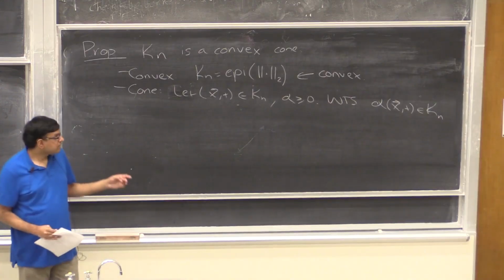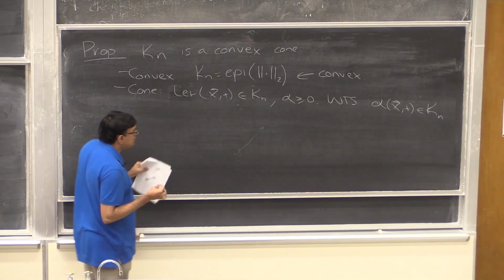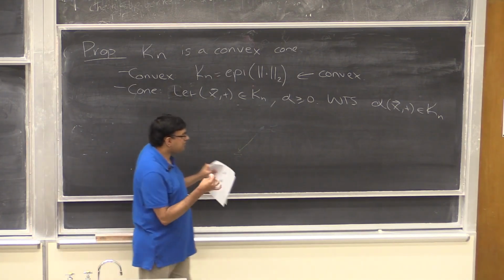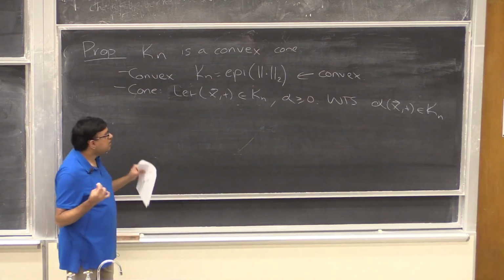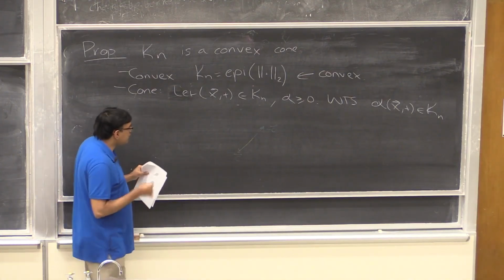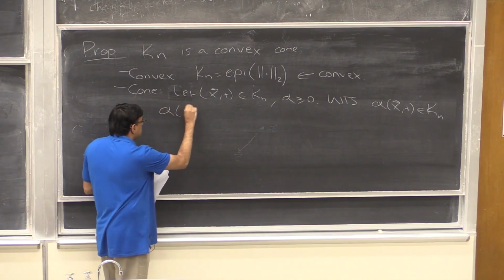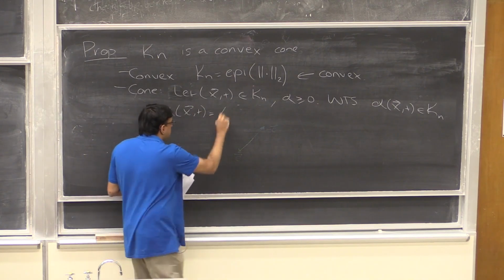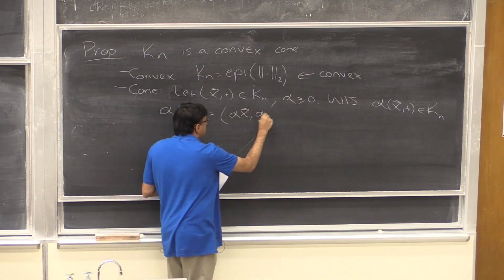Okay. So how do we show that alpha times the vector (x, t) is in K_n? We're just going to look at the definition of the second order cone. First of all, alpha times (x, t) is the vector (alpha x, alpha t).